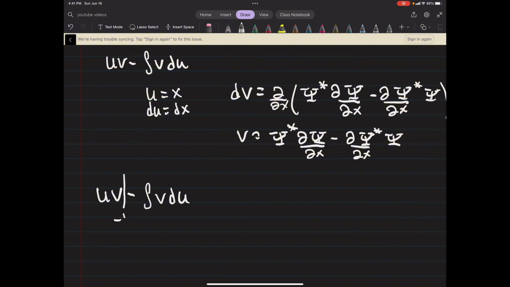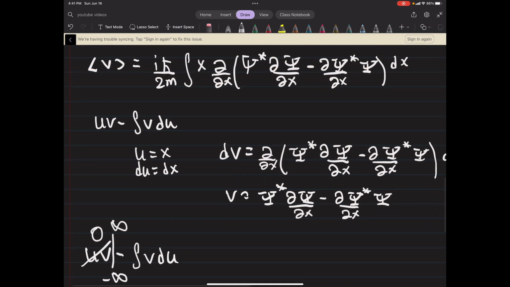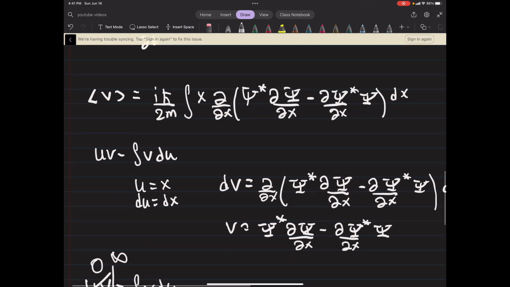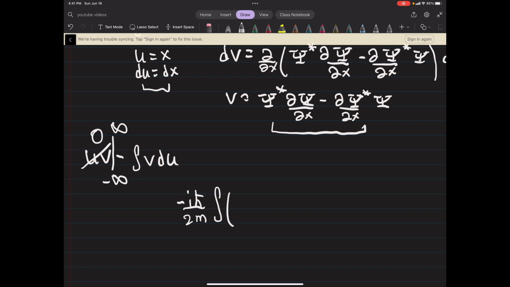So when we evaluate this from negative infinity to positive infinity, this should go to 0, because our wave function has to go to 0 at those bounds. Okay, so then we can simplify this a little bit as minus our constant terms out here, i h bar over 2m, the integral of v, which is all of this, times du. So we're just going to put all this in this new integral.